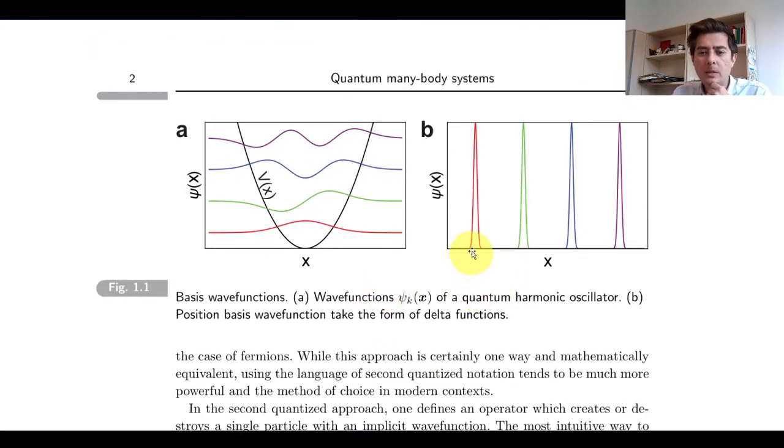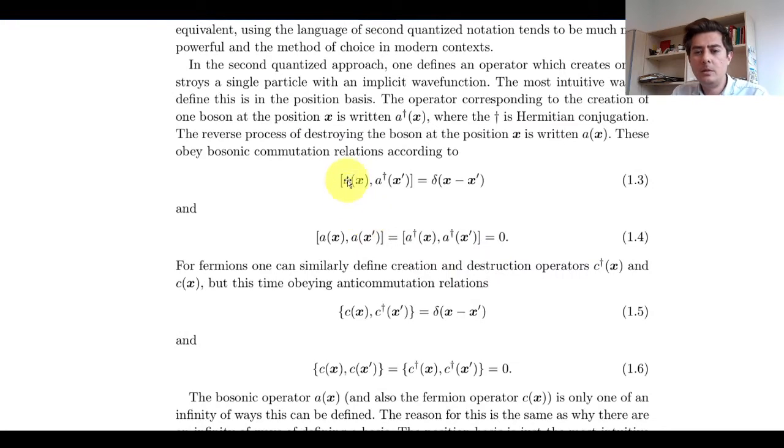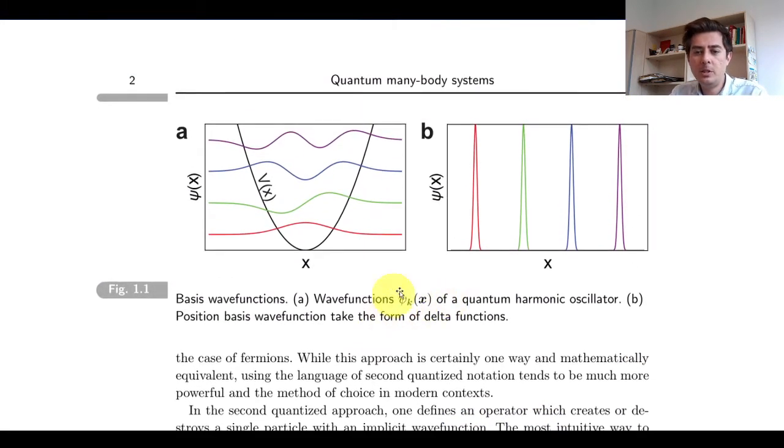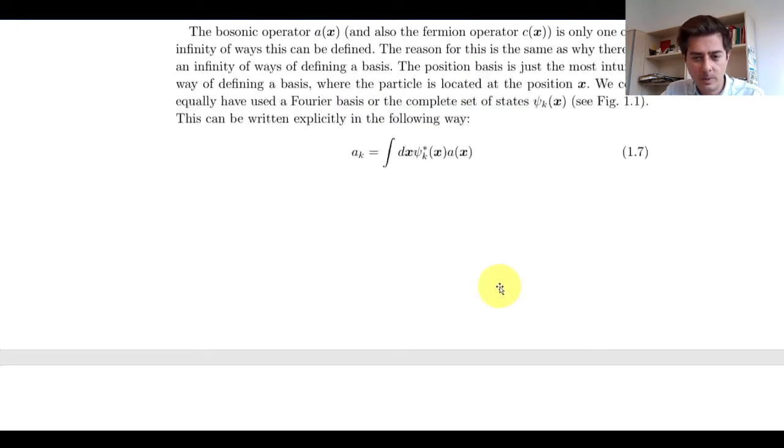For example, say these are different positions that an atom can occupy. Essentially, creation or annihilation at X means that at a particular position here, you're either creating or destroying a particle, and the colors here are supposed to signify that these are different quantum states that the bosons can occupy.